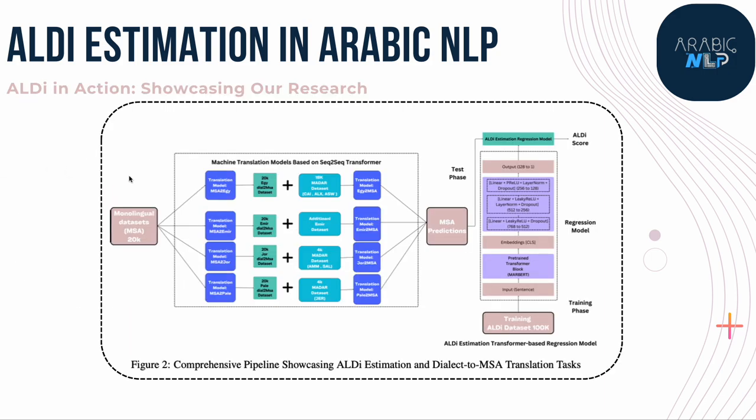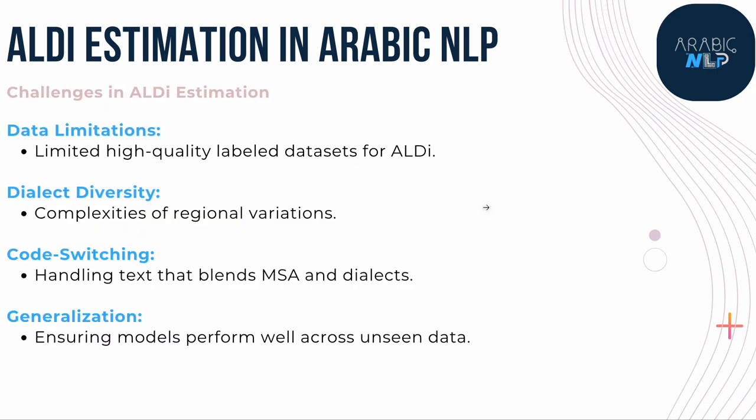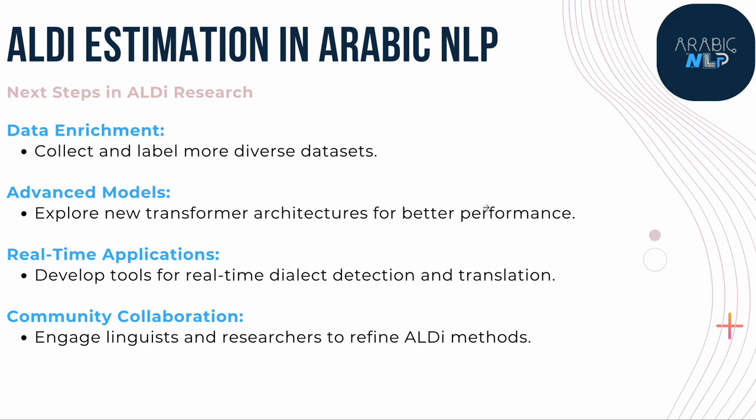In my application here, I just work on specific dialects like Egyptian, some from the Gulf, and Jordanian and Palestinian, okay? But of course, we want to get wider to have more and more dialects. Handling text that blends MSA and dialect is one of the challenges, and of course, generalization across unseen data or maybe different dialects is one of these challenges.